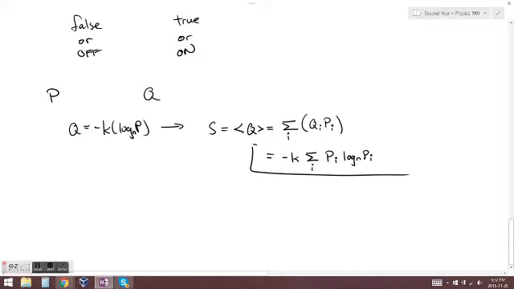This expression gives us S, which is also known as Shannon's entropy, or average information per statement.